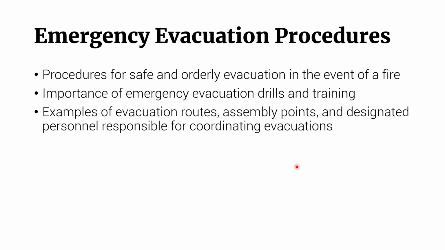And designated personnel, for example, fire wardens and department heads, will be conducting headcounts and communications with emergency responders during evacuation. So those are the emergency evacuation procedures that we have to understand and comprehend.